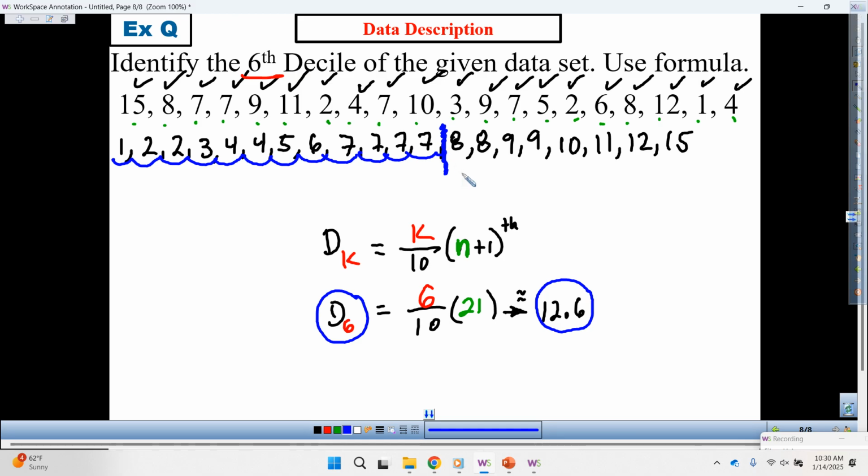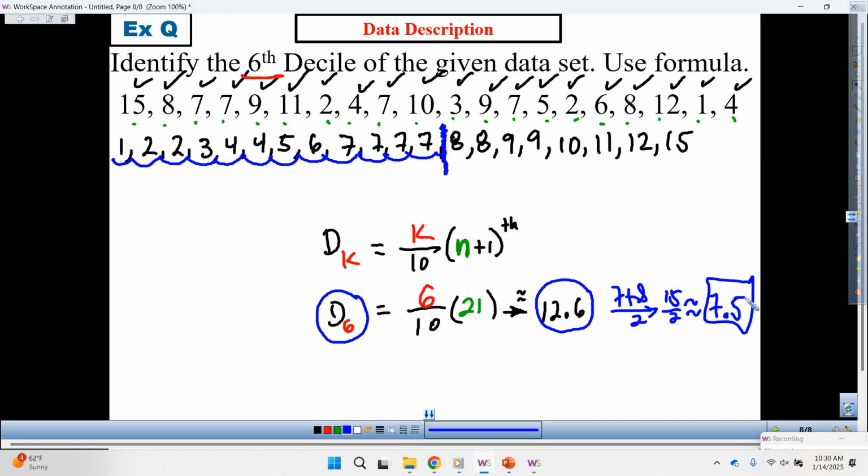Tell your neighbor. Carter, what do we do? 7 plus 8 divided by 2, and that is 15 divided by 2, so this is going to be approximately 7.5. That's our magic number. Pretty straightforward, yeah?